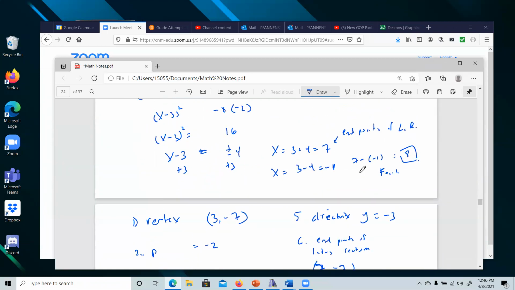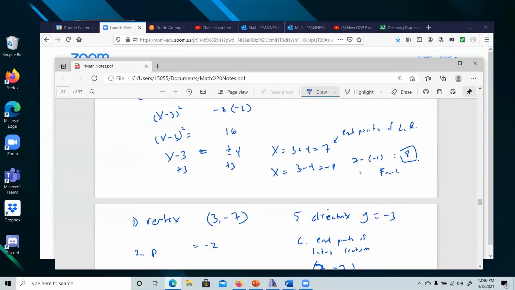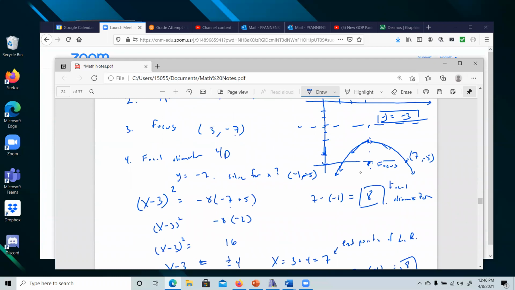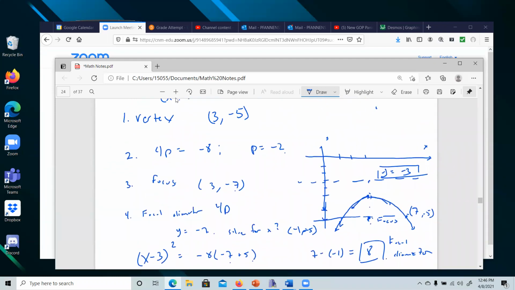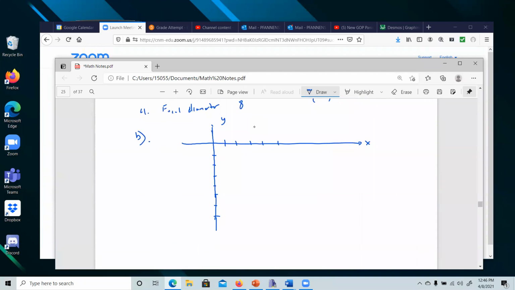So what was our vertex? Was it 3, -7? No, it was -5. I'm sorry, I lied to you. Vertex was -5 here. Okay. So 3, 1, 2, 3, 4, 5. Okay, that's my vertex.